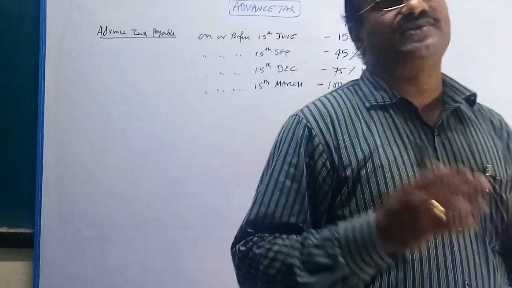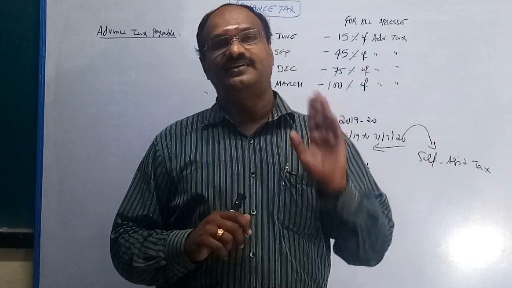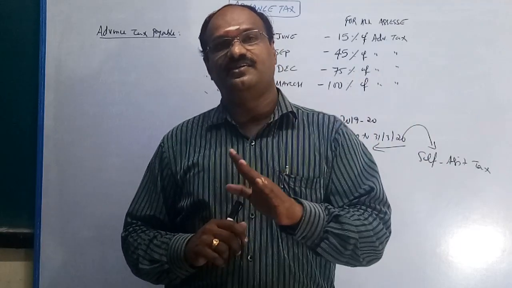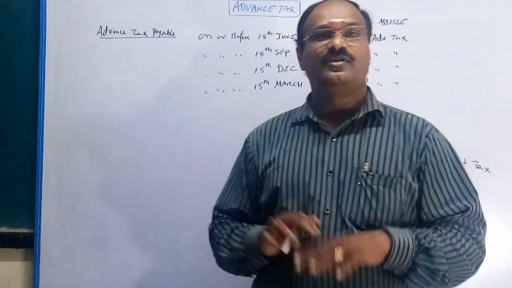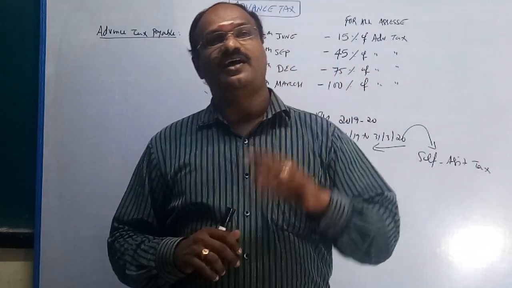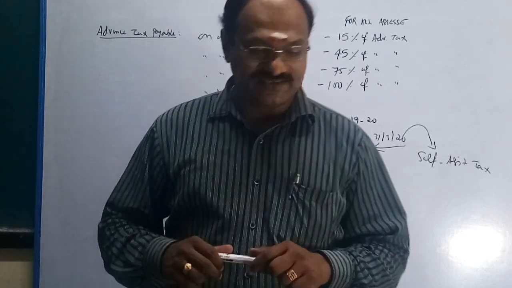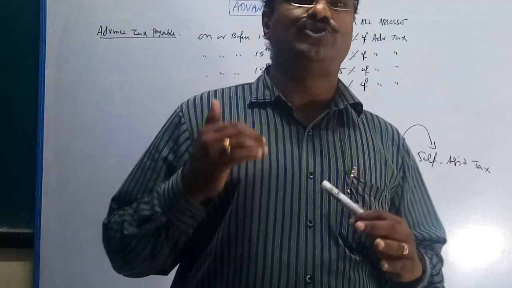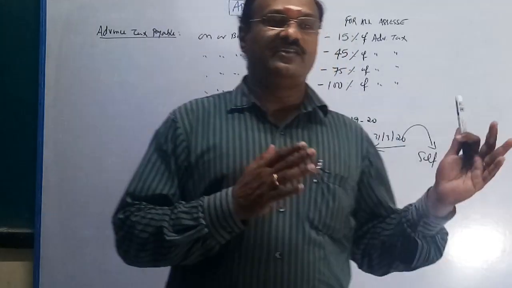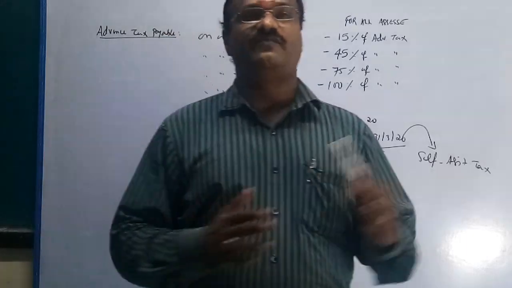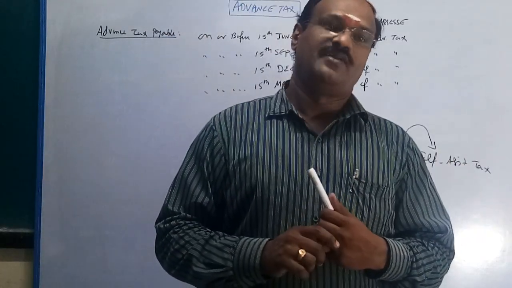Every person whose final tax after adjusting TDS is 10,000 rupees or more is liable to pay advance tax. Advance payment of tax is also known as pay as you earn. It means whenever you earn the income, you are liable to pay. That is advance tax.